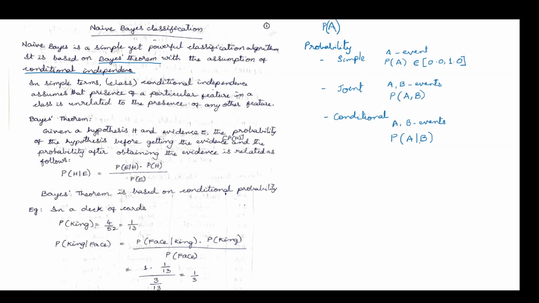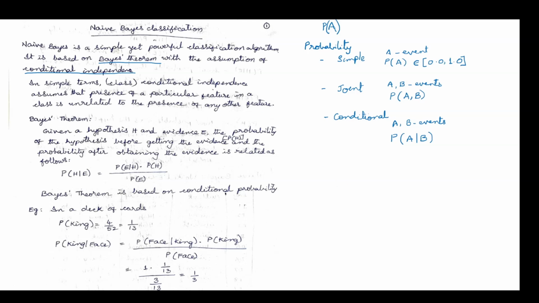So this conditional probability forms the basis for Bayes' theorem, and Bayes' theorem with the assumption of class conditional independence is the main driving force of naive Bayesian classification technique.